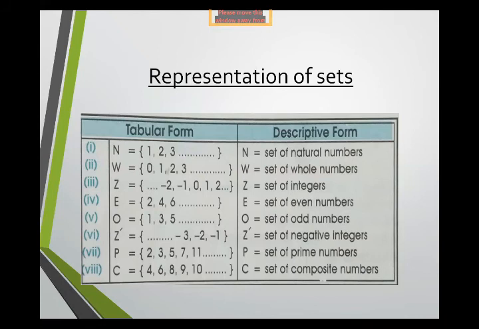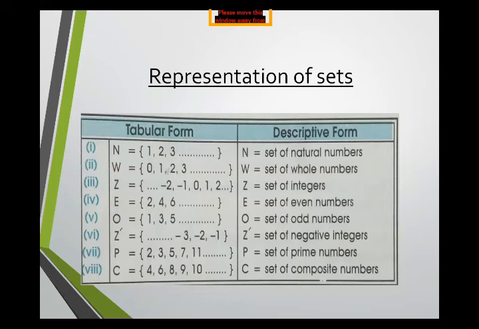How do we write this set? We know that all the positive counting and the negative counting are included in it.